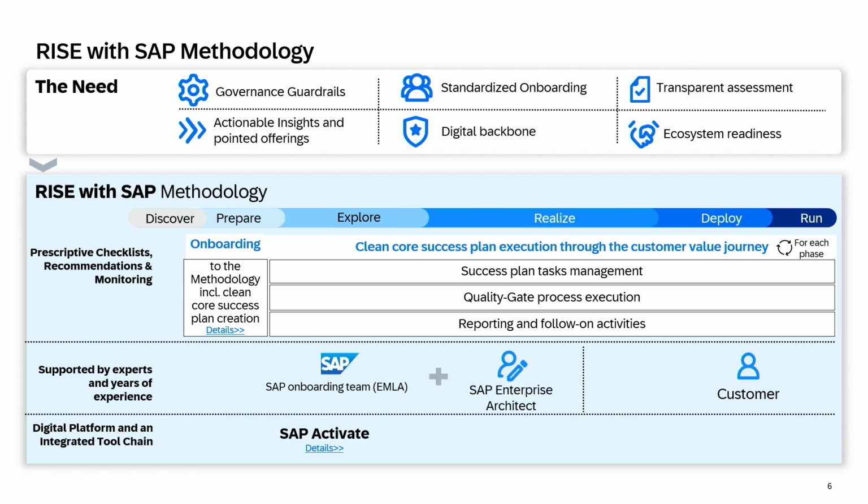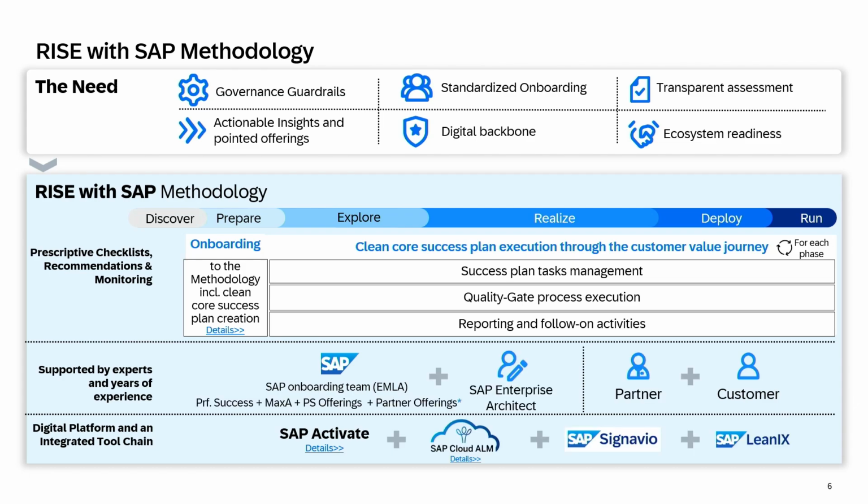So the basic idea behind the program was to provide the customers a streamlined approach and a framework to transition smoothly from their existing S4 or ECC systems into cloud ERP.